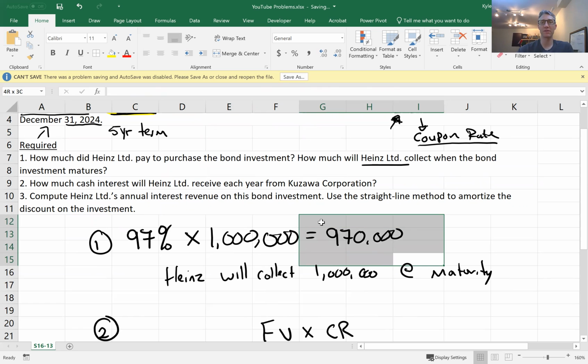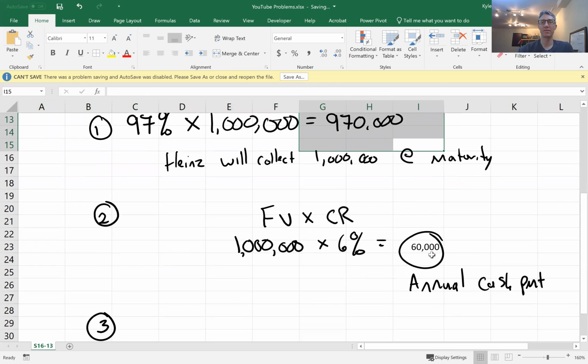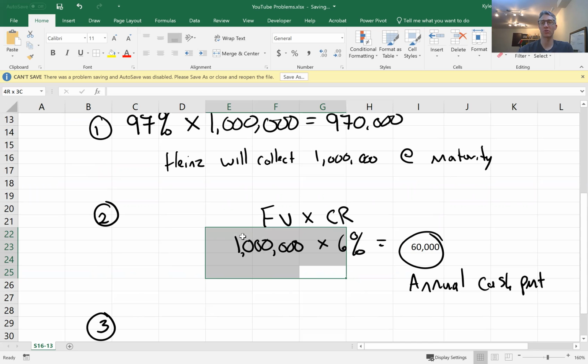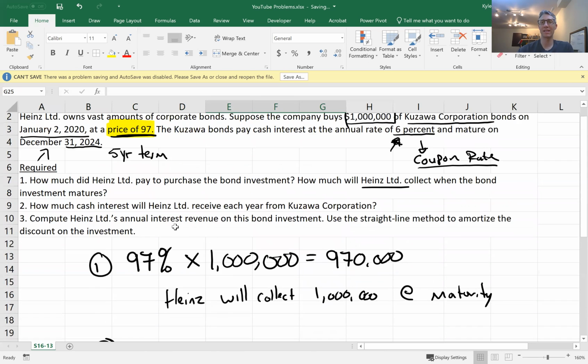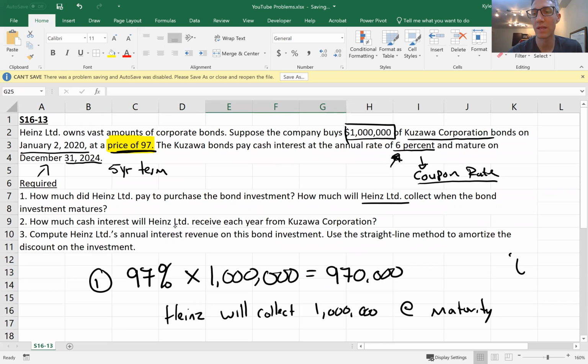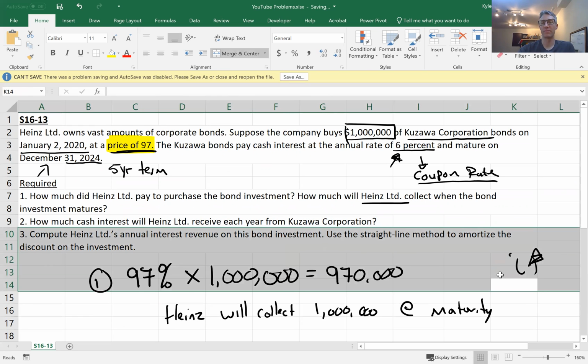They paid a price of $970,000, but they're collecting interest of $60,000, which reflects a 6% interest on the maturity value. But we know, because this bond was issued at a discount, that the market rate must have been higher, which means that the revenue they're going to recognize, I'm sorry, is going to be a reflection of the market rate.